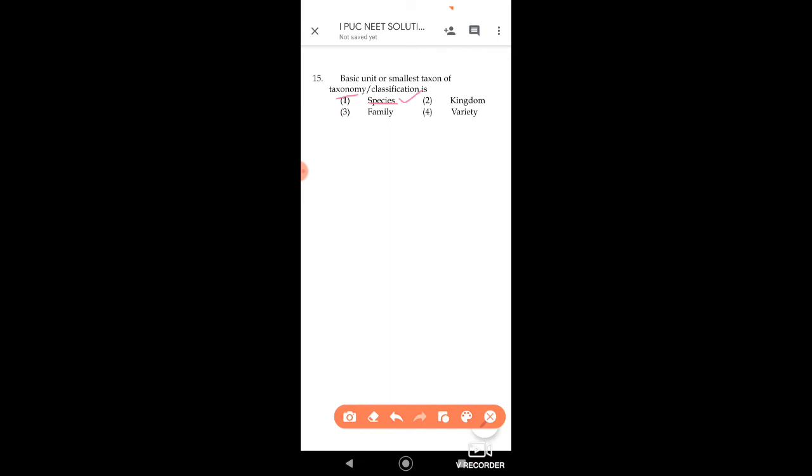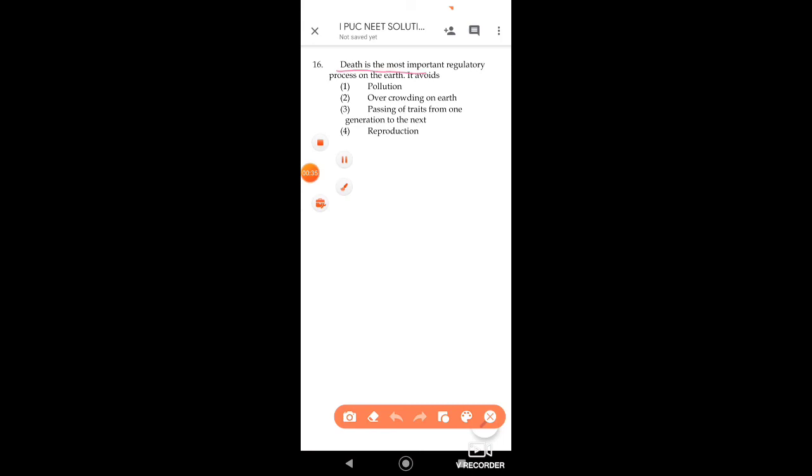So remember the order: kingdom, phylum, class, order, family, genus and species. Out of these 7 taxonomic categories or ranks, the species is the basic unit, and the highest taxonomic category is kingdom. So go for option 1.